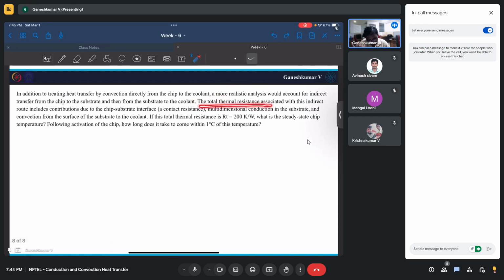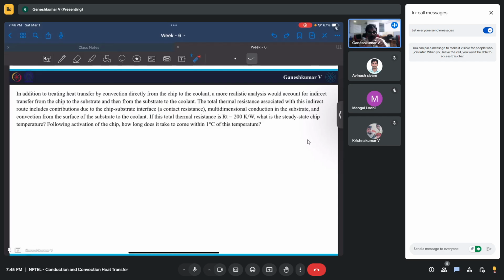The total thermal resistance associated with this indirect route includes contributions due to the chip-substrate interface or contact resistance, multi-dimensional conduction in the substrate, and the convection from the substrate to the coolant. Since it's a square, you're going to have four surfaces and also the bottom surface which is in contact with the substrate.